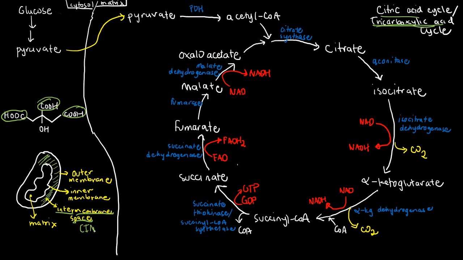We could also abbreviate this as the IMS. And then the area to the inside of the inner membrane is called the matrix. So if I just said that the TCA cycle happens in the mitochondrial matrix, we should imagine all of this happening in the innermost region of a mitochondrion.